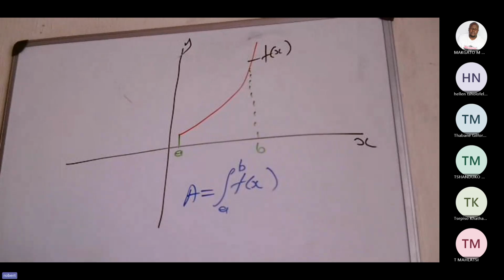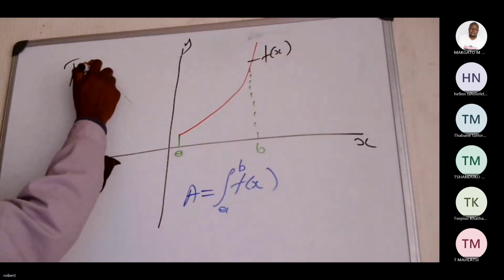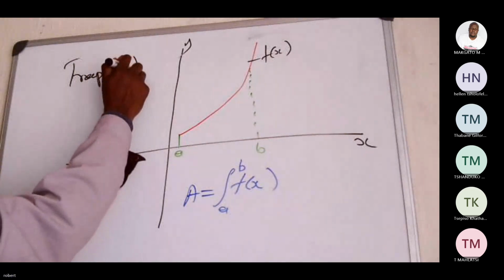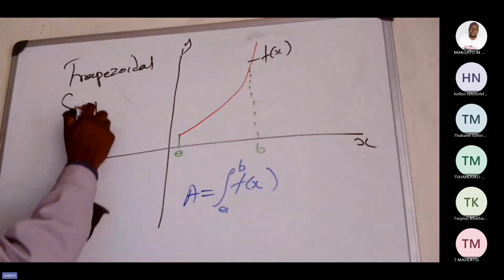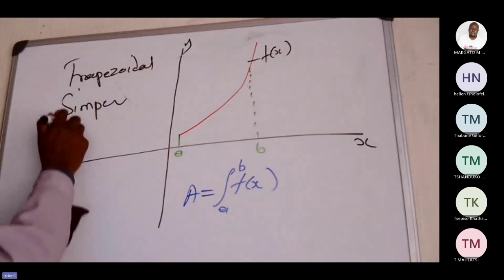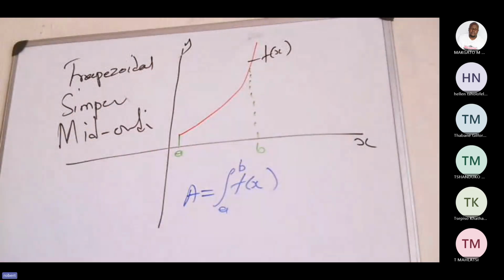What we do with the first formula, that is the trapezoidal, and another one is Simpson, then another one is the mid-ordinate rule.